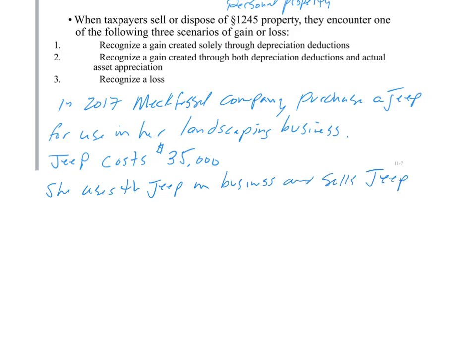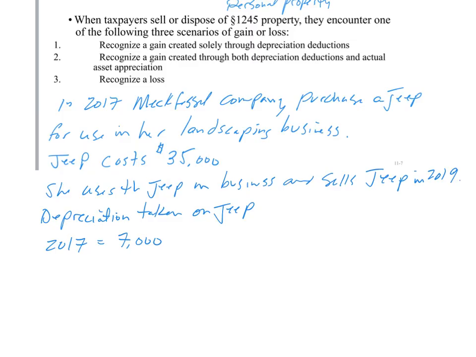All right, so she uses the Jeep in her business and sells the Jeep in 2019. So what would she have done? Well, she would have depreciated the Jeep. A Jeep is 5-year property, so her depreciation in 2017 would be $7,000.